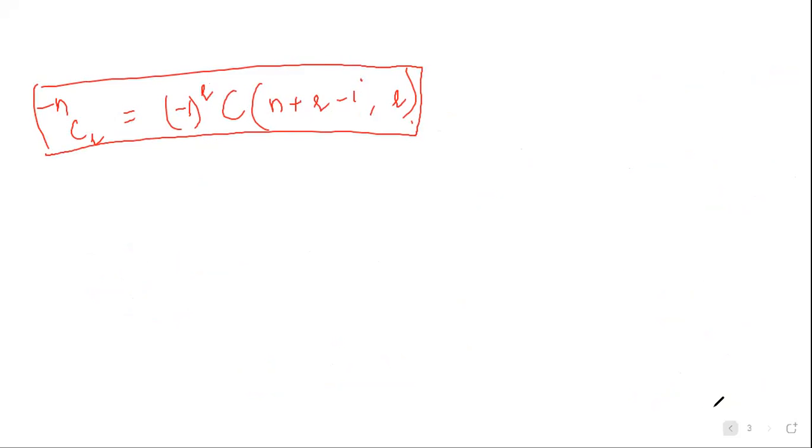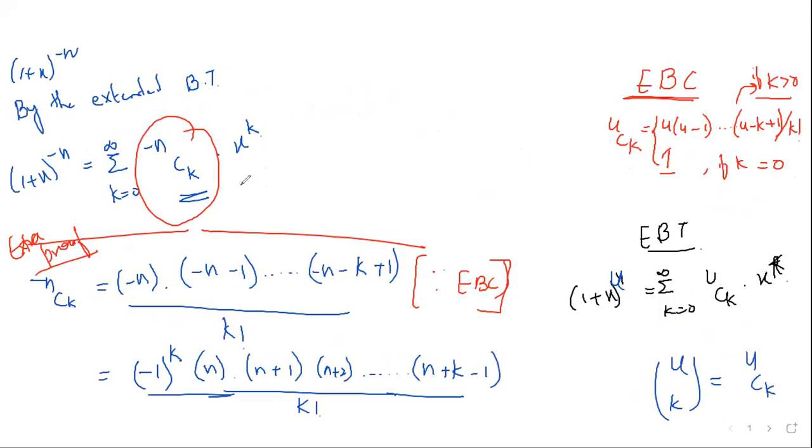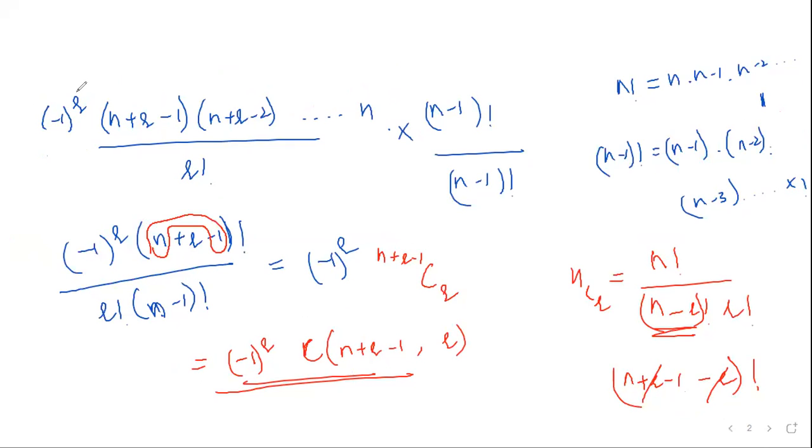So this is for minus nCk. One thing I did is that instead of k I was writing r every time, so you can change it to k everywhere. It was the same r or k, there is no change over here.